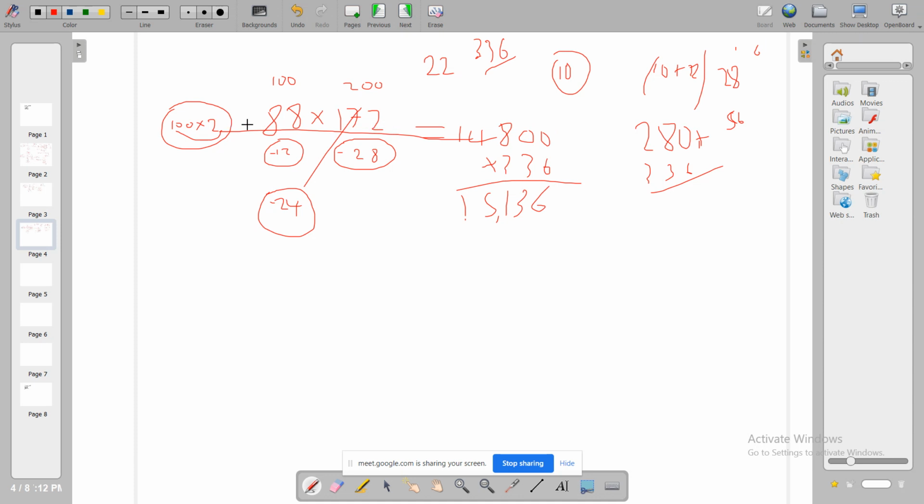We were doing multiplication, that is this times this to get the 336. So you know how to do that. It's 56. That gave us 336. Do you understand? Yes.